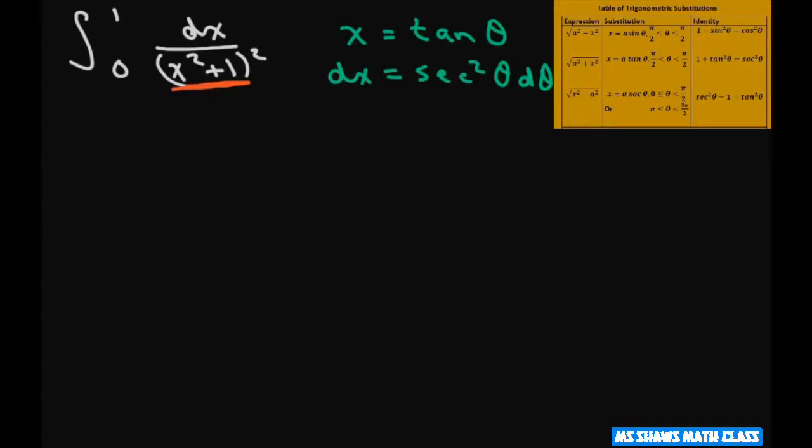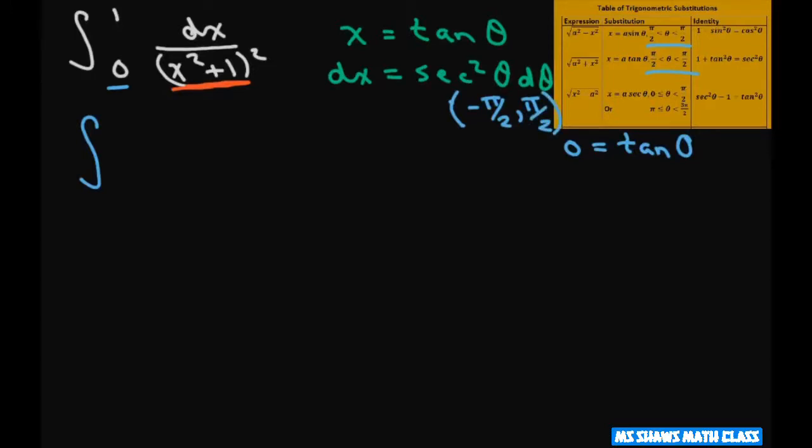And let's go ahead and substitute. So when you do that, we're going to first have to change our bounds. So if we want x to be 0, 0 equals tan of theta, so theta has to be 0, because this is our restrictions from negative pi divided by 2 and pi divided by 2.